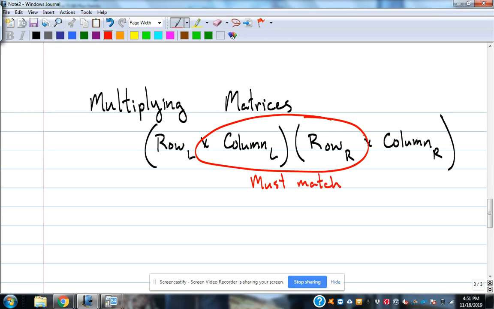For you to be able to multiply them together, the columns of the left matrix have to be the same number as the rows of the right matrix.